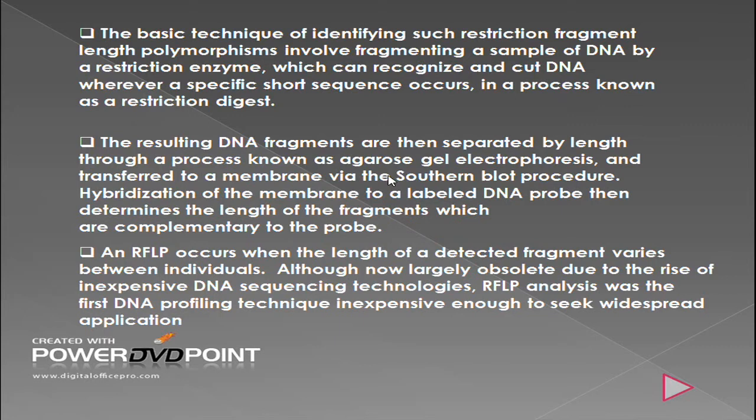Southern blot is the technique of transferring the DNA from gel to the membrane. After that, the membrane-bound DNA is hybridized with the DNA probe, which determines the length of the fragments which are complementary to the probe. So an RFLP occurs when the length of a detected fragment varies between individuals, like this.